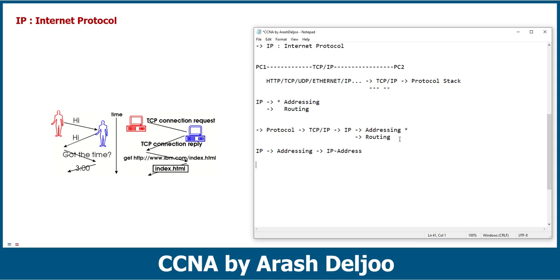You know that if you have, for example, person 1, person 2, and then person 3, for communicating between these 3 persons, you need to give each person a name. For example, person 1's name is Arash, person 2's name is John, and person 3's name is Ellen.